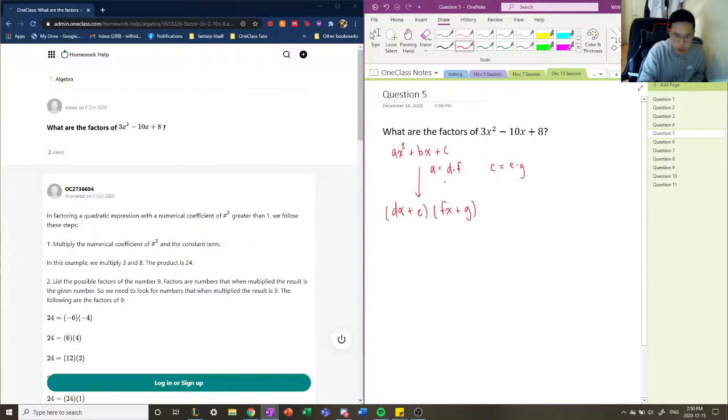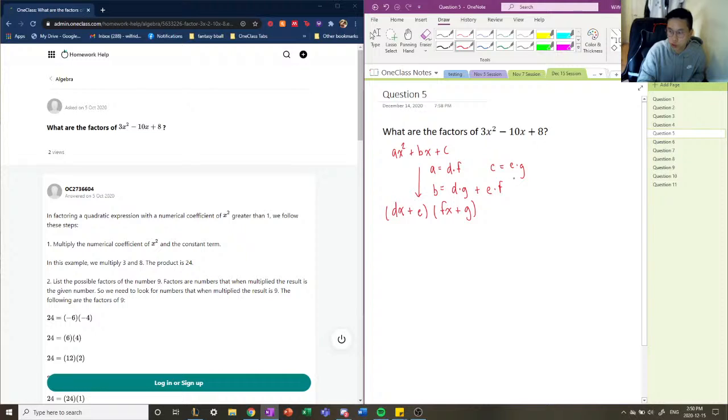And for the middle term, b is equal to d times g plus e times f.